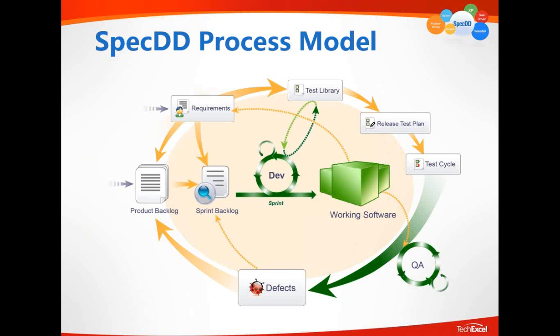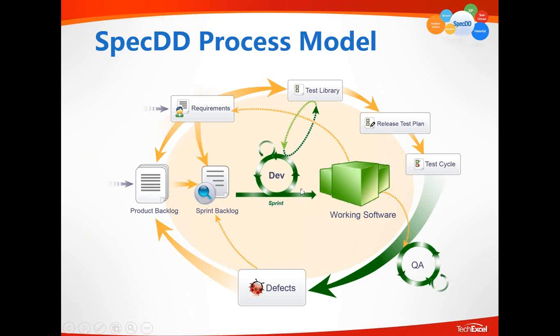So here is a SpecDD process model. A software project indeed mainly consists of a set of development iterations. It's about creating the working software. That's the center of a process.